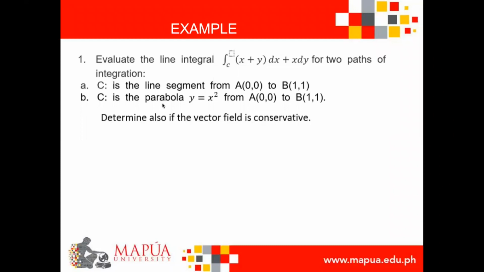For letter B, let us use the same integral given. So we have the integral of the quantity x plus y dx plus x dy evaluated along the curve C. Again, this will be your function P, and this will be your function Q. What we're going to do is replace y with the given equation of your parabola, which is x squared.